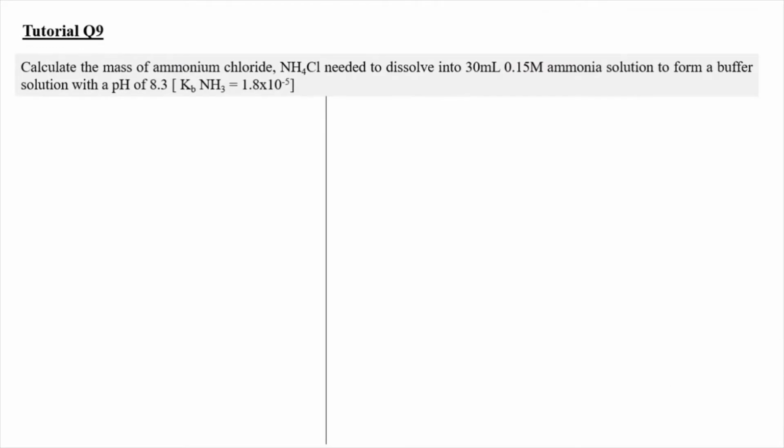So for tutorial question 9, we need to calculate the mass of the ammonium chloride, which is NH4Cl, needed to dissolve into 30 ml of 0.15 molar ammonia solution to form a buffer. And this buffer refers to a basic buffer.